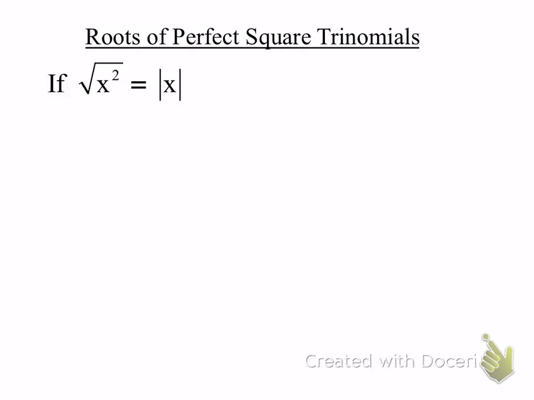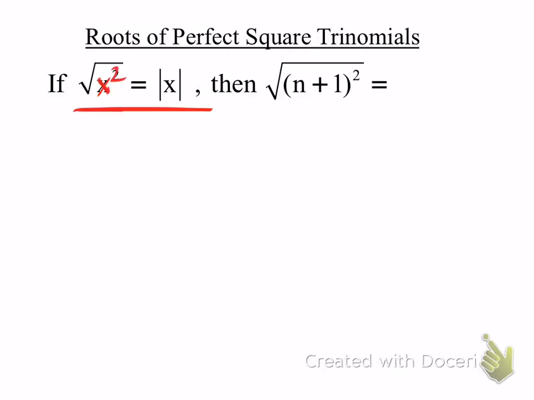Okay, if I have a perfect square trinomial, not yet am I putting it all together. If I have a perfect square trinomial, remember what we said. When I take the square root of, do you remember what we said here? Whenever I have the square root of x squared, I have to write the absolute value.